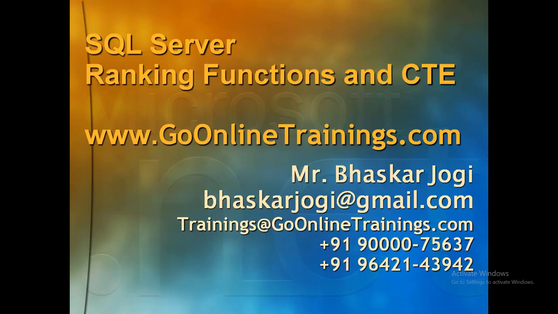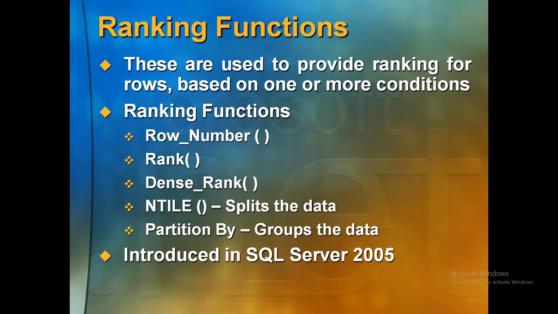Clear? So what is a ranking function, how to use ranking functions, and what is a common table expression? These are the things we are discussing today, right? As we discussed, ranking functions provide rankings for rows based on one or more conditions.